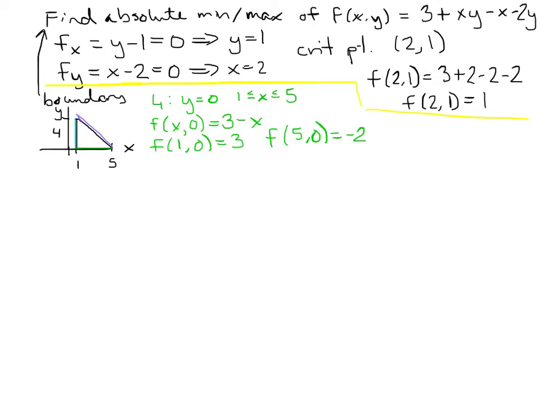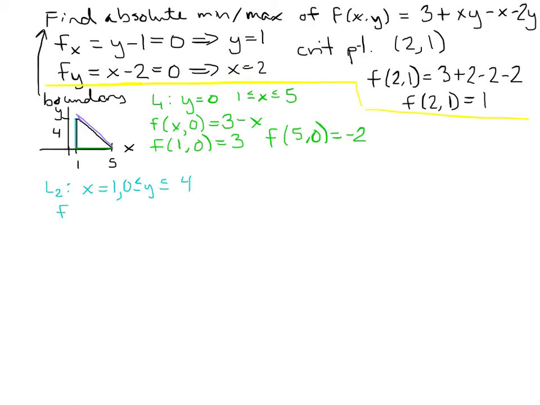Okay, so the turquoise line here, so I'm going to call that line 2. So let's define it first. So that's a line where x is equal to 1 and y is in between 0 and 4. And now I'm going to take that x, plug it into the function.